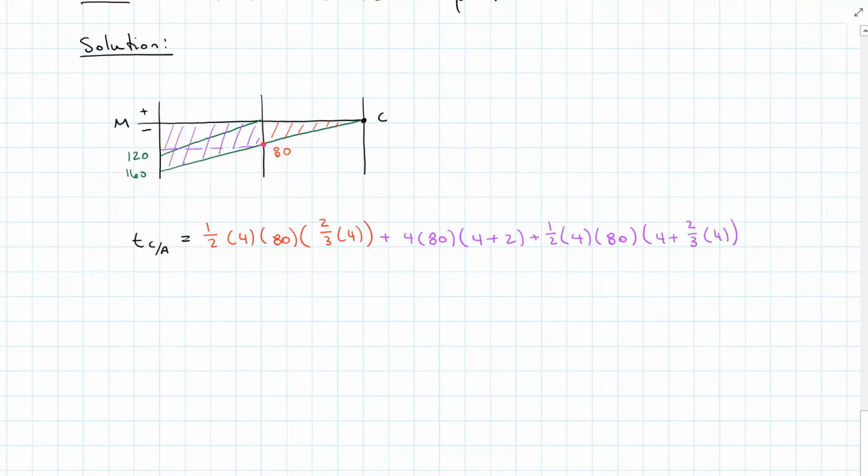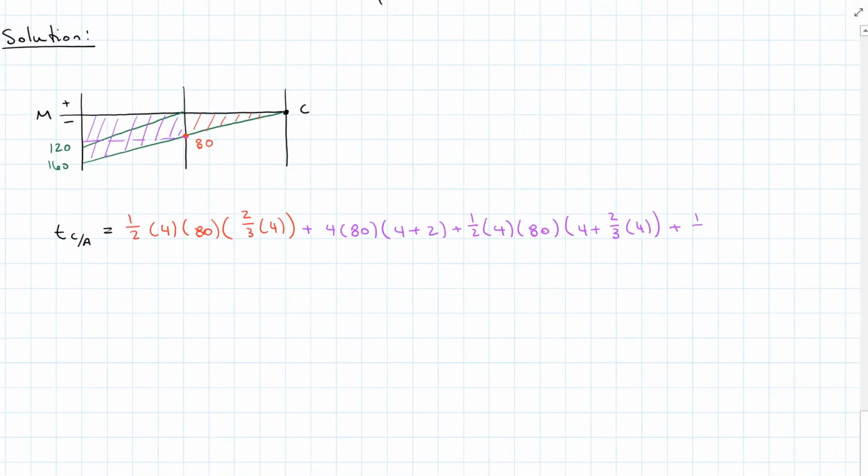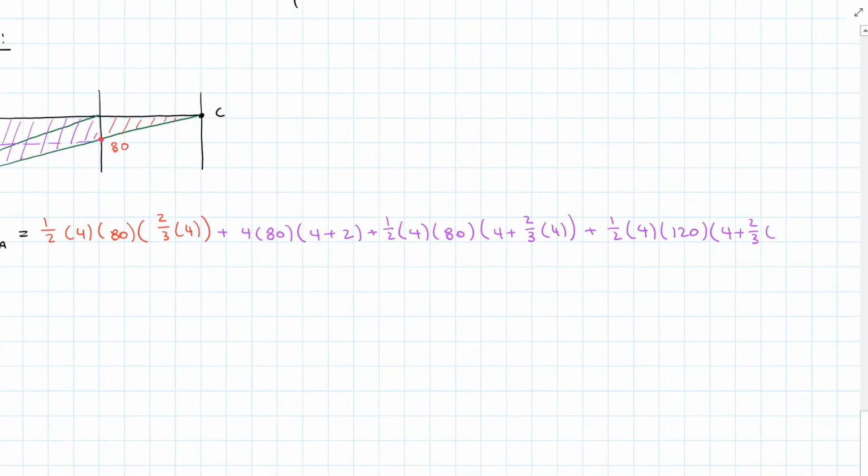And then I have my last triangle, the 120. So that is going to be plus 1/2 of base times height times the distance to its centroid from C, 4 plus 2/3 of 4.